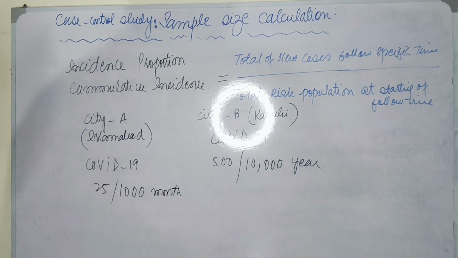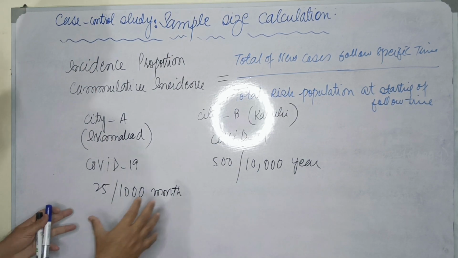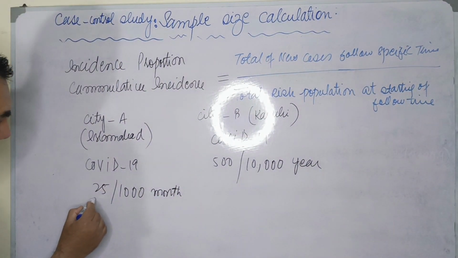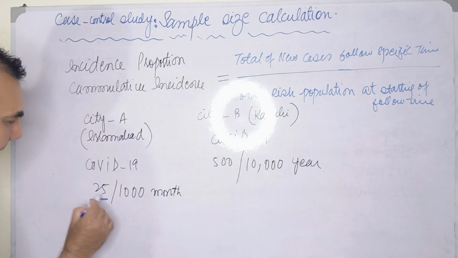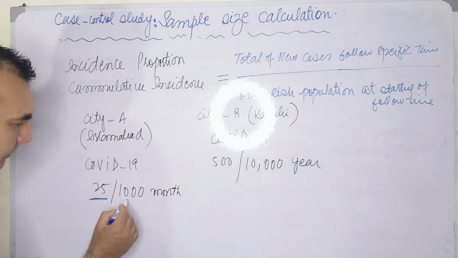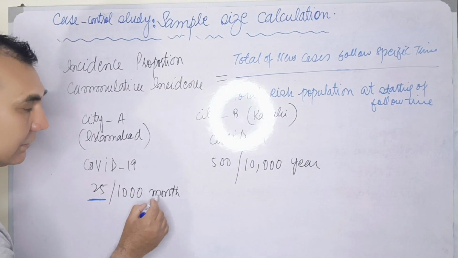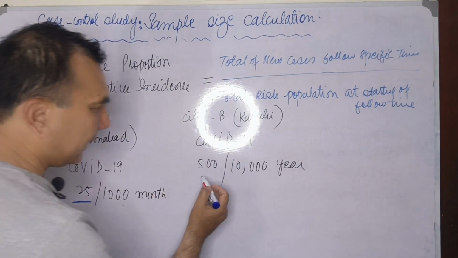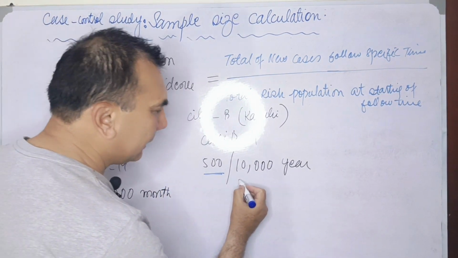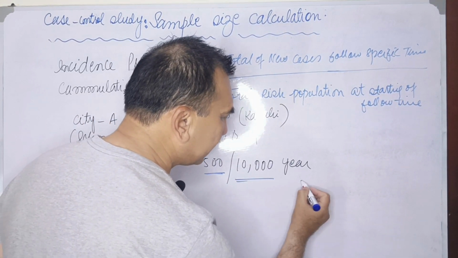But when we compare, see here in Islamabad it is 25 cases incidence rate per thousand and per month. But here it is 500 cases of COVID-19 in 10,000 in a year.